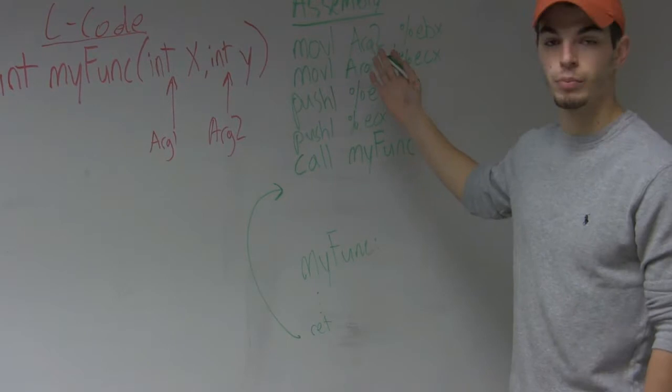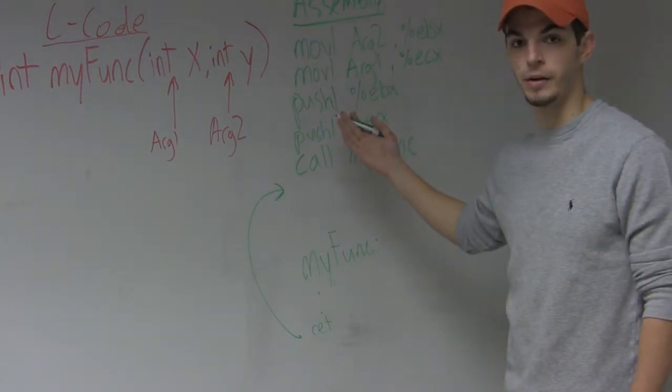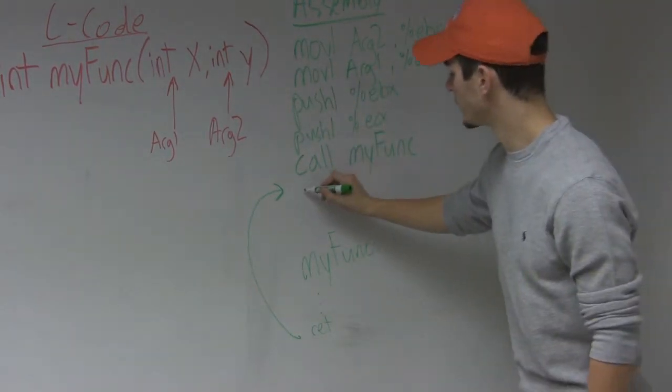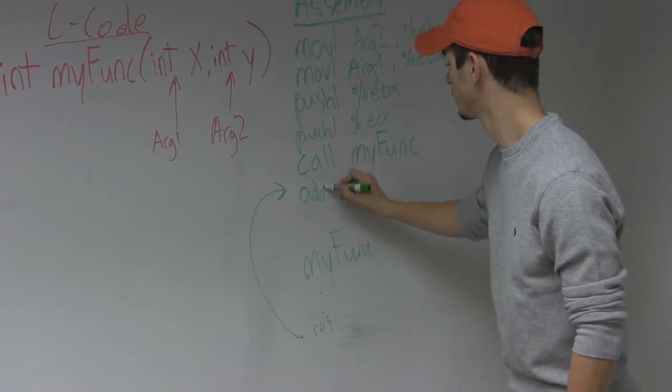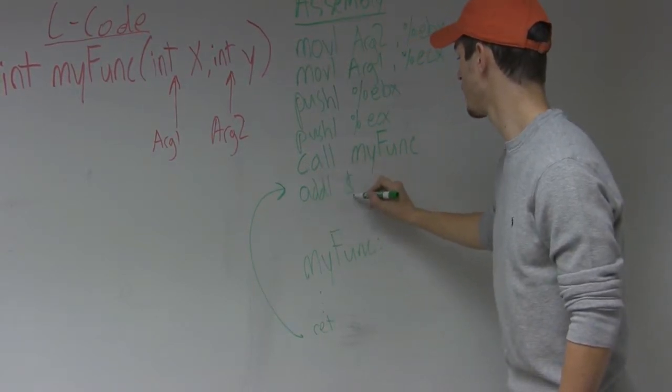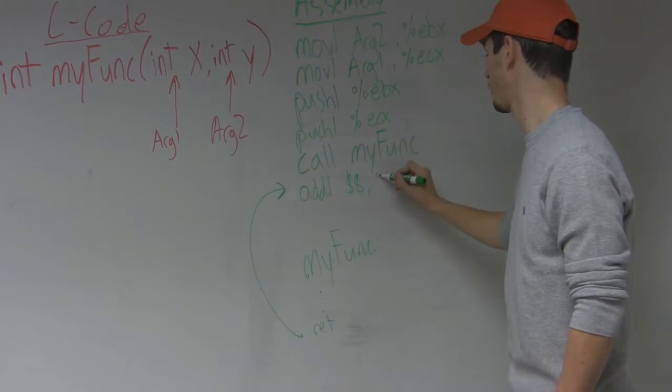And since our arguments are both integer valued, they both take up 4 bytes, we need to add 8 to our stack pointer.